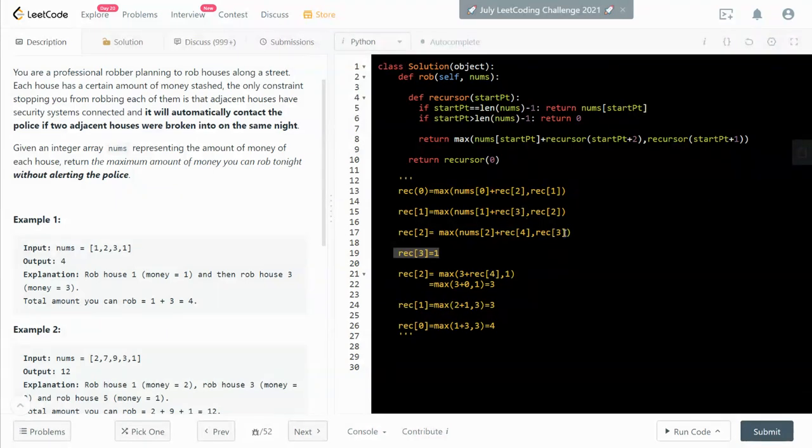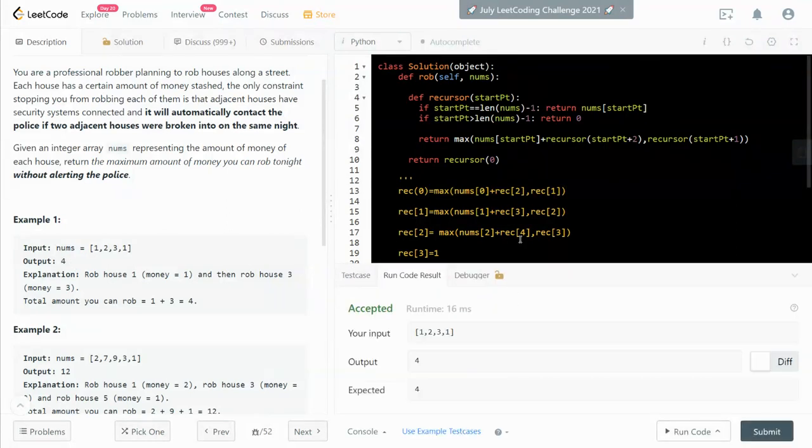But as you can see, this statement is being repeated again, so this is not efficient. And then compared to rec2, which is 3. So after we put the numbers in, the maximum number is 3. And then after plugging all the numbers into this formula, we have all the numbers in here already. So it's 4. That's exactly this answer.